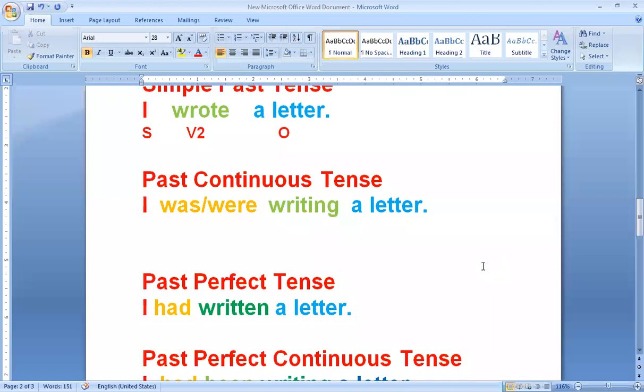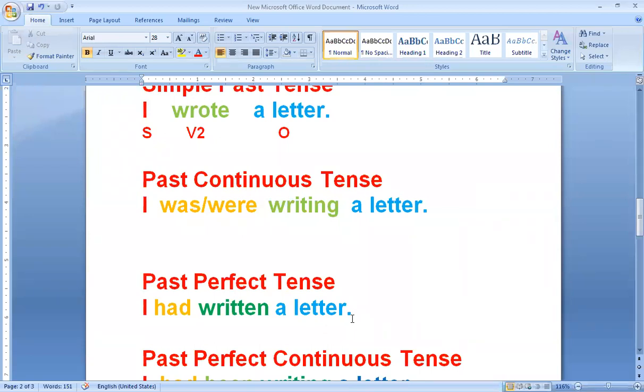Now past perfect tense, I had written a letter. Structure: I plus had is auxiliary verb, plus written, P3, past participle form of the verb written, and then object, a letter. I had written a letter. When an action is fully completed in the past time, to express such actions, we use past perfect tense.